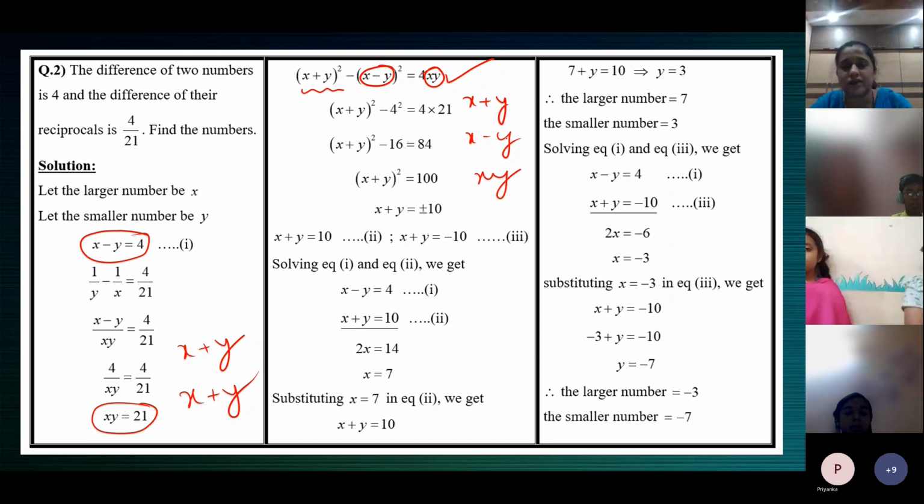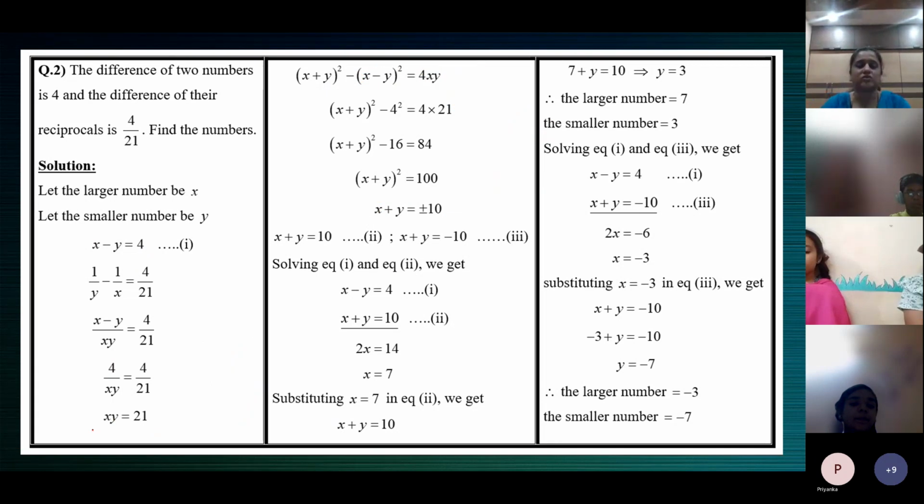If you know the values of any two of them, you can find the third one. Here you know the value of x minus y and xy, so you can find the value of x plus y. After this, we just have to solve the equations and find the two numbers x and y.